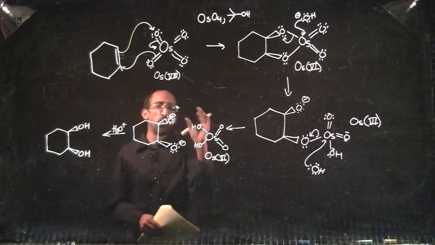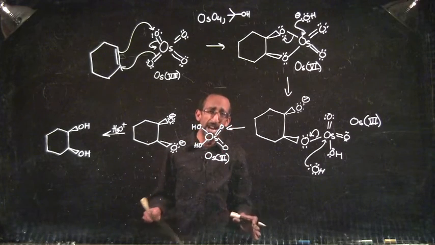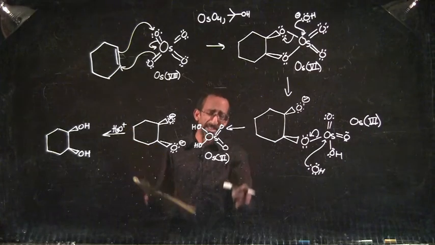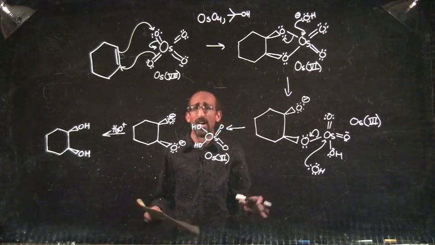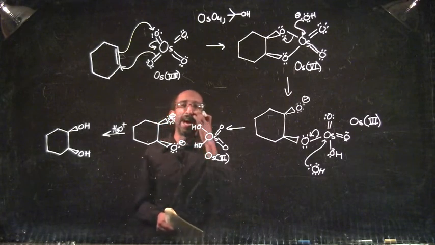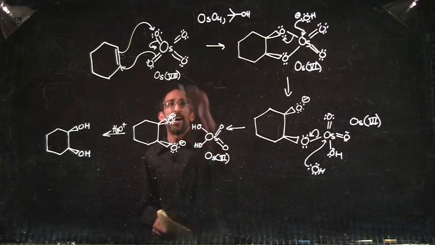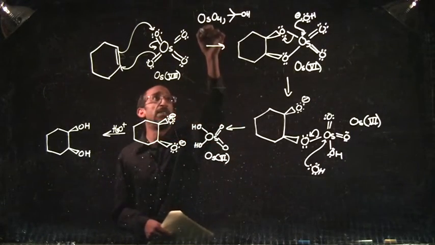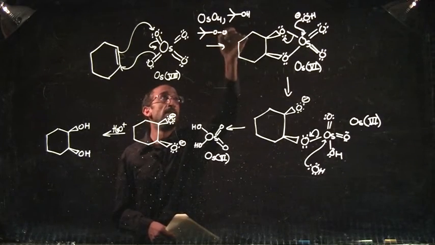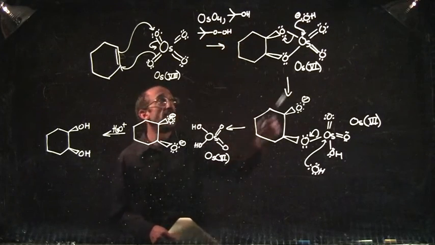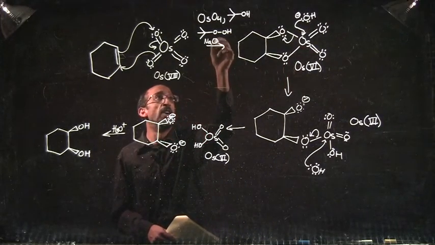Because osmium is, 1, extremely carcinogenic, so we don't want to be using a lot of it in a reaction ever, and 2, ridiculously expensive because it's a pretty rare element, there's not a whole lot of osmium floating around on our planet, we add in a reagent that can reoxidize our osmium-6 back to osmium-8. That's going to be done by tert-butyl peroxide. And finally, our hydroxide source is going to be NaOH.